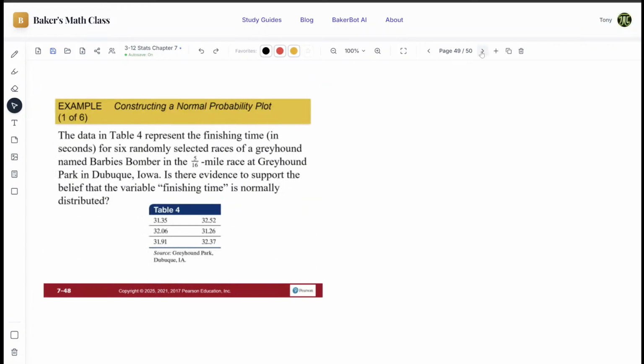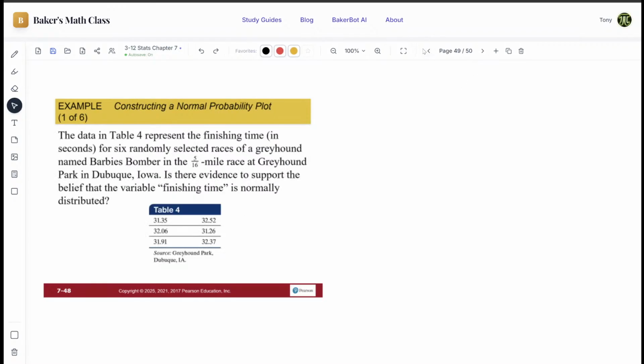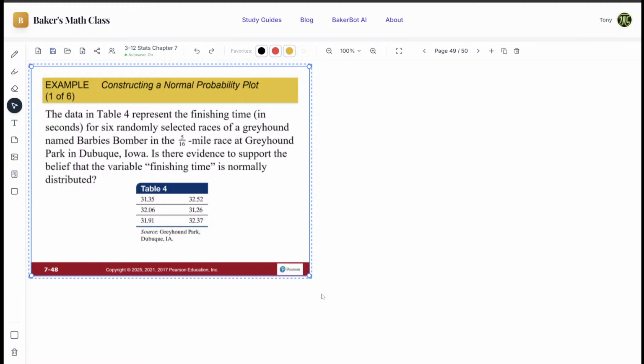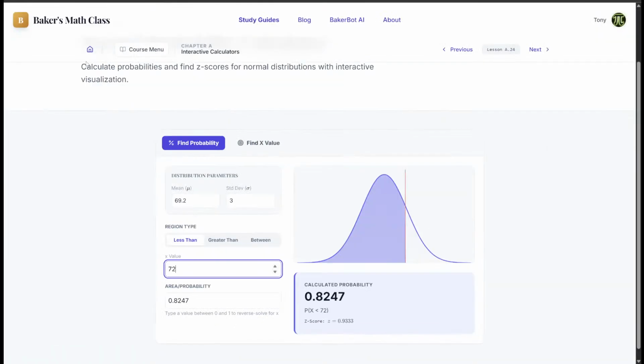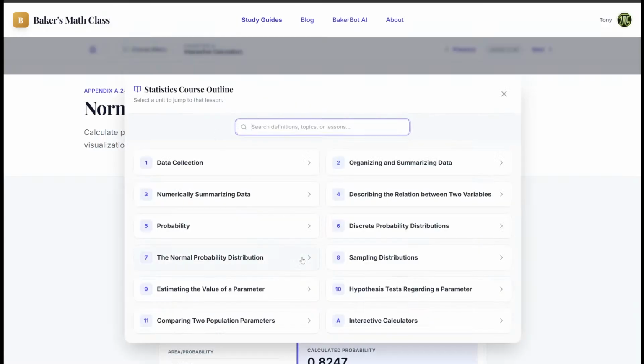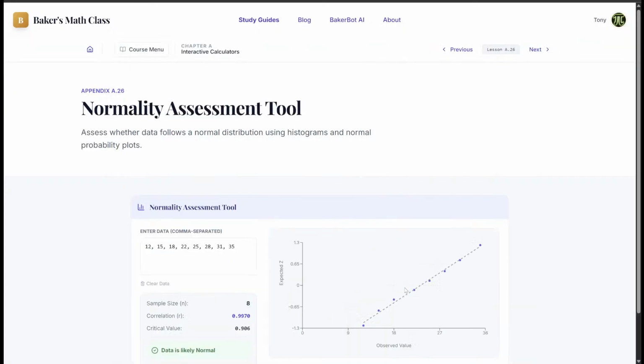The calculator you're going to use is 26. It is the normality assessment tool.